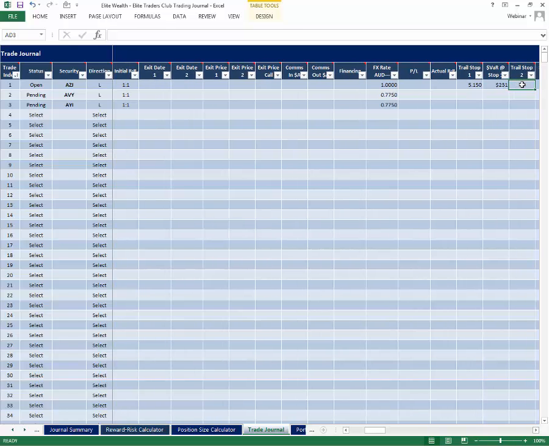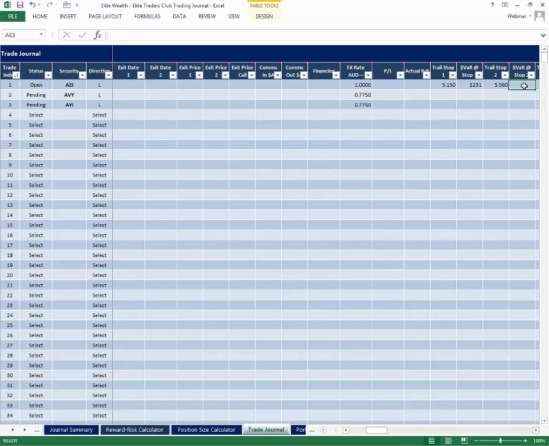Trade's going really well. It's time to trail our stop again, and this time we're up to $5.56. There's no figure in here because we entered at a price below this, so there is no dollar at risk figure on this trade anymore. So you won't get any calculations there.